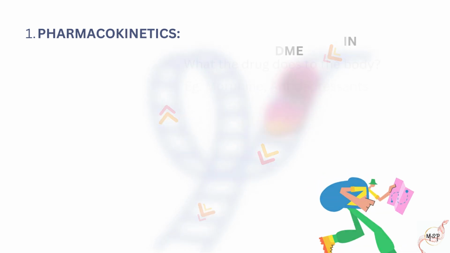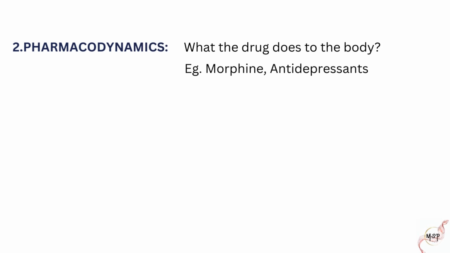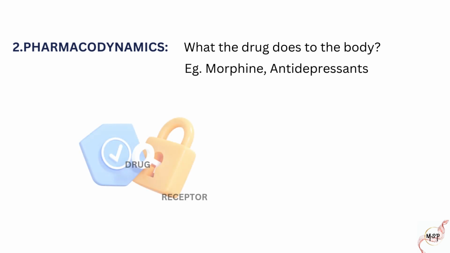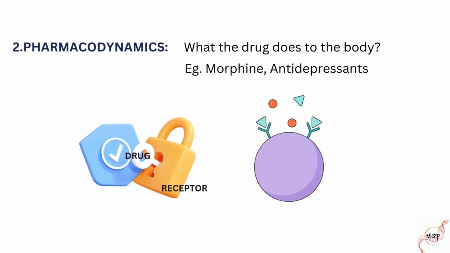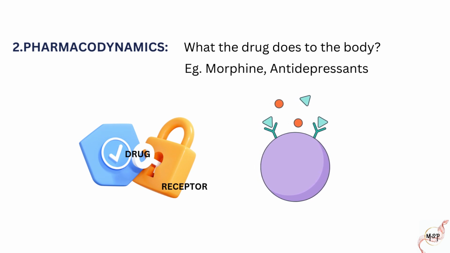Now, let's transition to pharmacodynamics, which focuses on what drugs do to the body. Our cells are covered with proteins called receptors. These receptors are like tiny locks waiting for the right key to unlock them and trigger a response. Think of a drug molecule as a key.